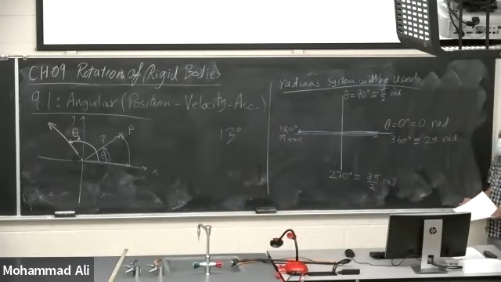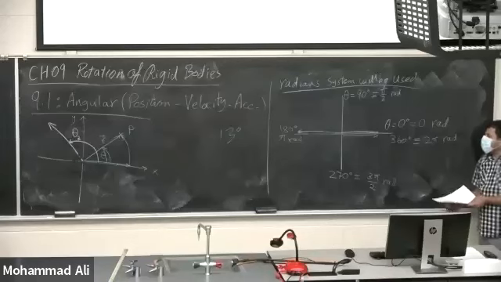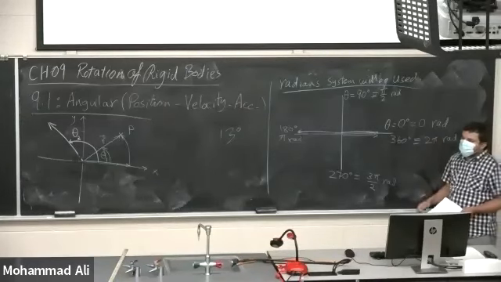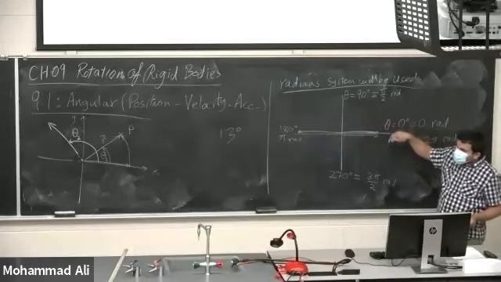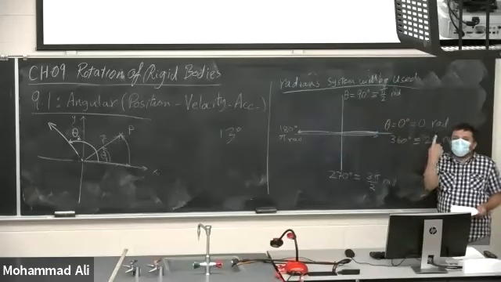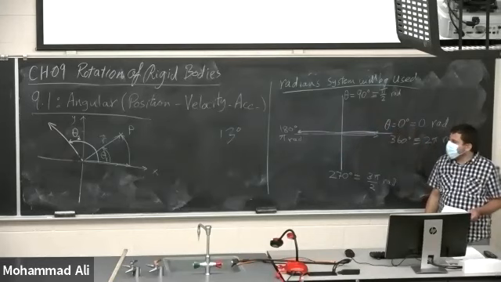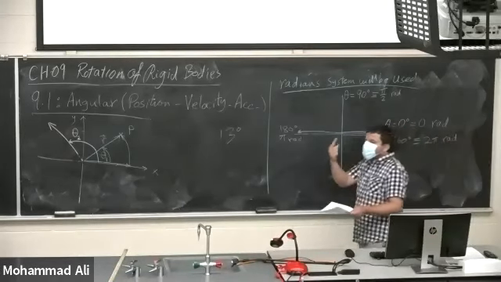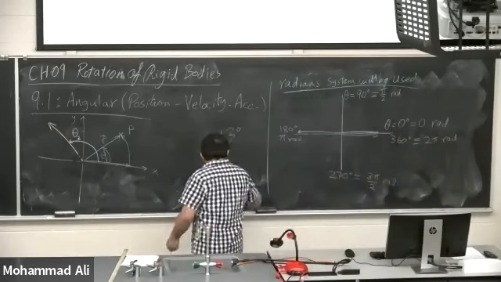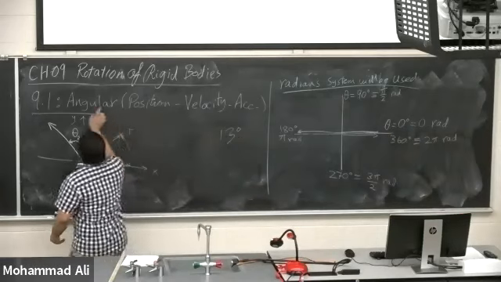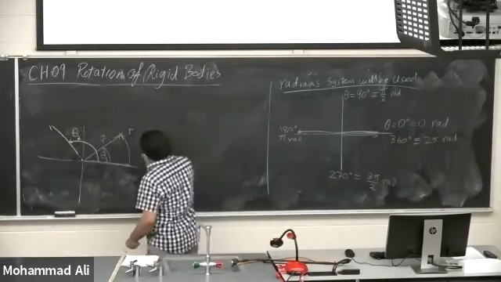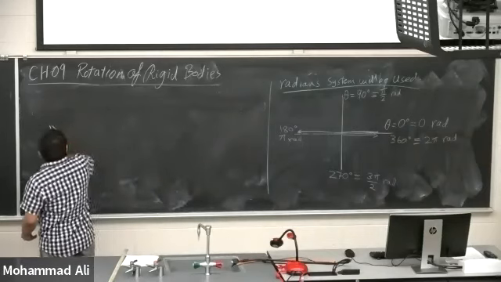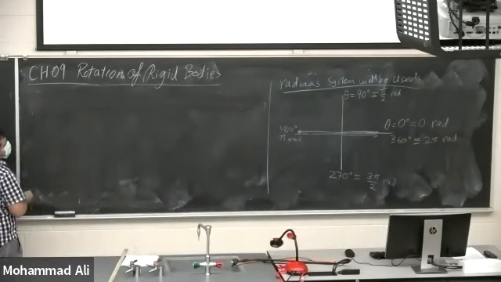What is the radian? It is another system just to talk about the angles. These are the main angles, but what about one radian? For example, we need to find how much 1 radian is.